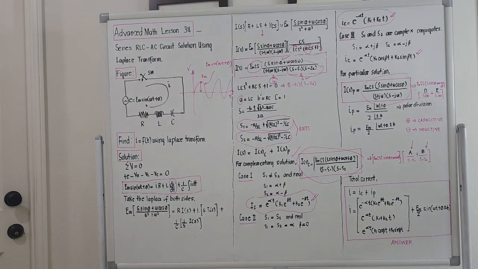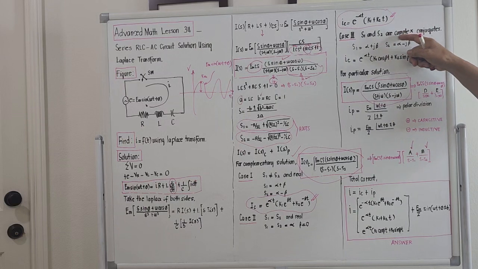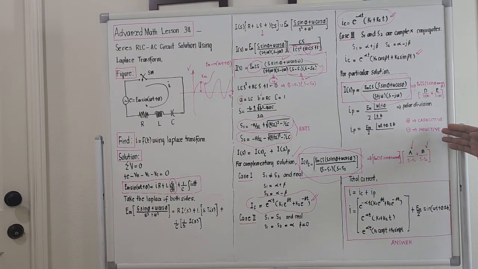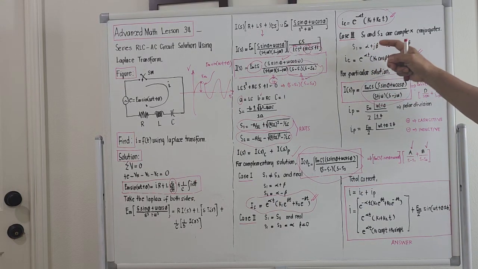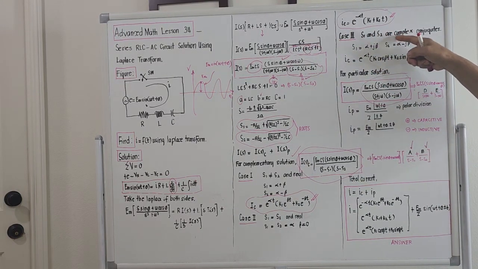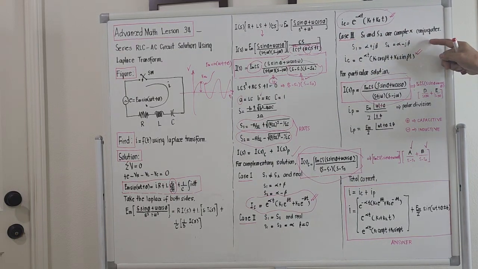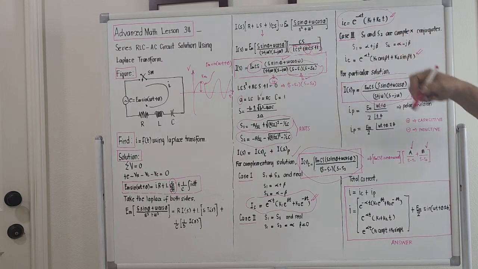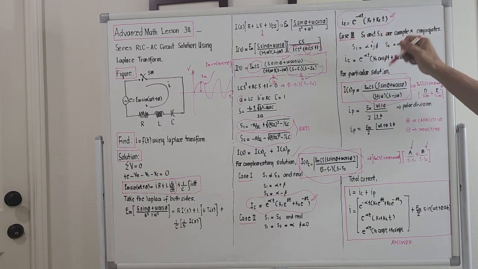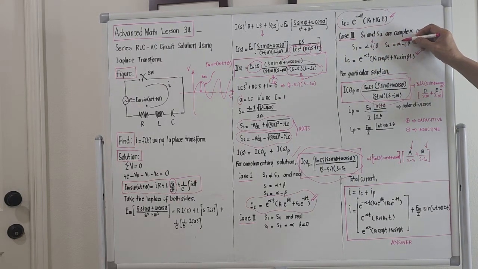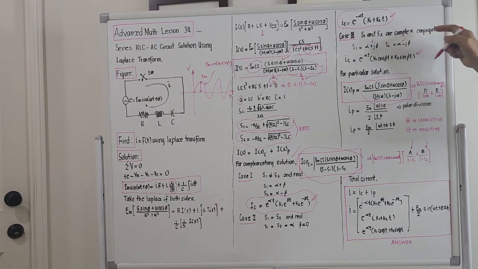For case number 3, if S1 and S2 are complex conjugates, meaning they are complex numbers with a real part and an imaginary part, what will come out will be S1 equal to alpha plus j beta, real part, imaginary part. S2 will be alpha minus j beta. S1 is by using the positive sign, and S2 by using the negative sign. They are complex conjugates.